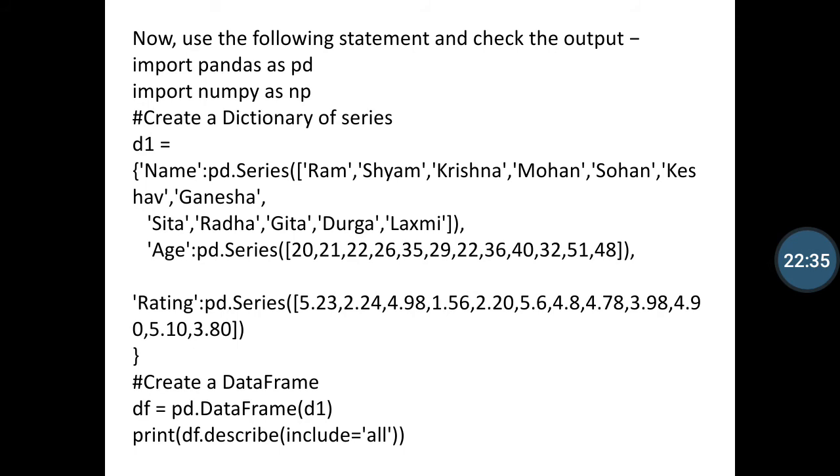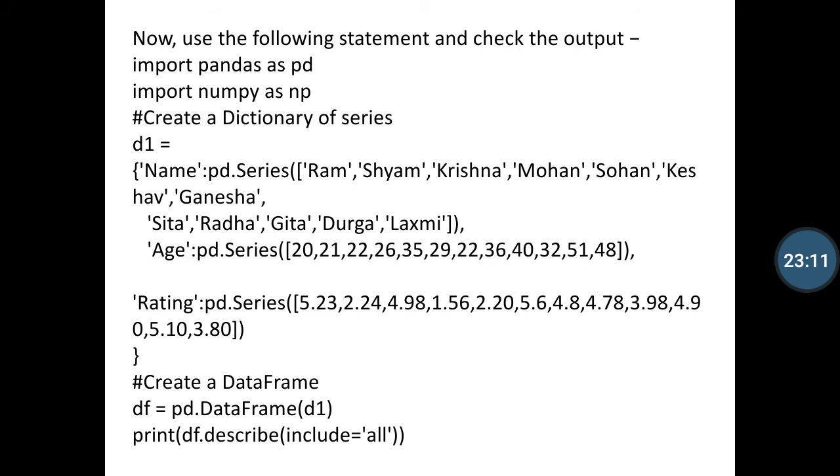Use the curly brackets. So first of all, I am defining a data frame, so I put a hash to create a comment, to create a data frame, then create a df variable and is equal to pd dot DataFrame and put the dictionary structure d1, and then you can notice here the main code that is used to include all is defined here.